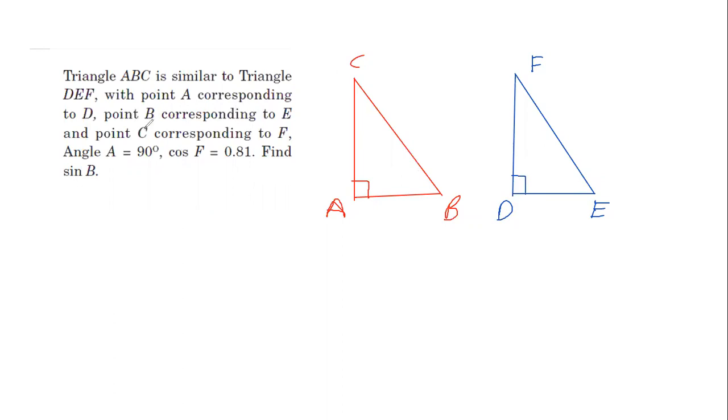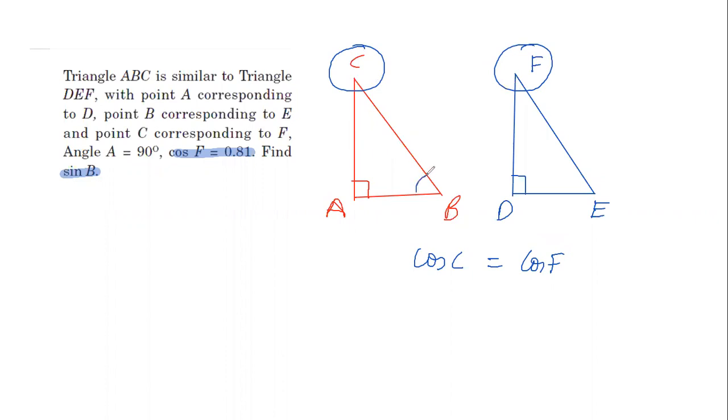Now they have already given me cos of F. They have given me cos of F is equal to 0.81, and I need sine of B. So if I already know cos of F, can I say that cosine of this angle will always be equal to cosine of angle C? Because if two angles are equal, their cosines will be the same.